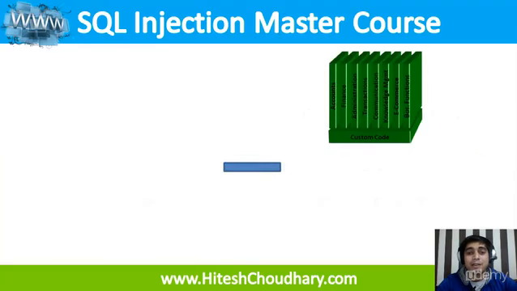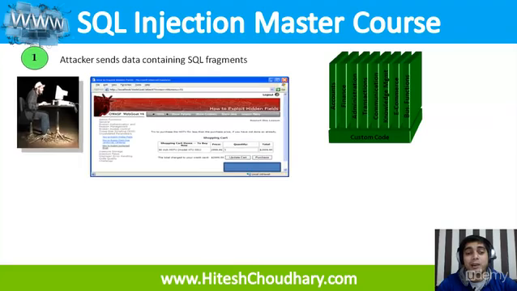Now let's talk about SQL injection and how these things work. First of all, we have a custom code, and the attacker sends custom SQL fragments via the browser or any other means that can run on your custom code.